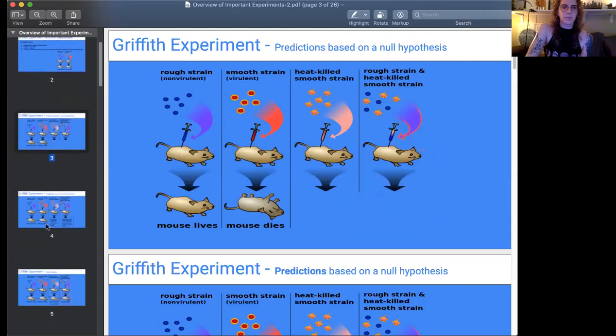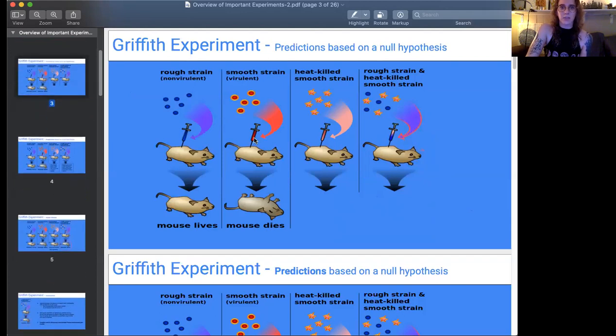So we can see this. These were the trials that they decided to run. They have the rough strain and the smooth strain, confirmed that the mouse lives, and then the mouse dies here. Then they did one trial where they heat-killed the smooth strain, because we would predict that the heat-killed strain would not be able to induce an effect in the mouse. So we would predict that this mouse would be alive, because the virulence can't actually do anything here.